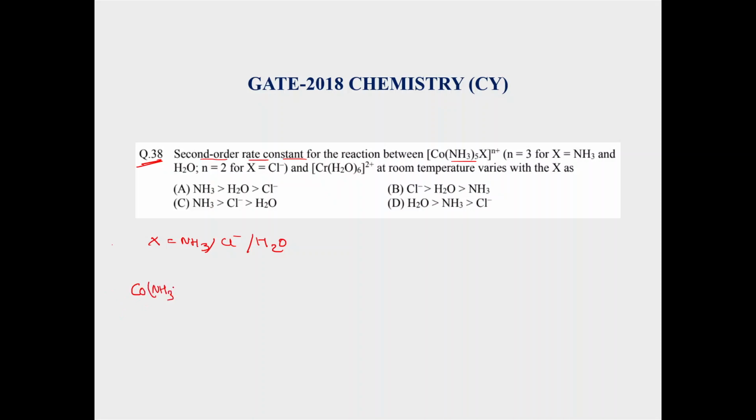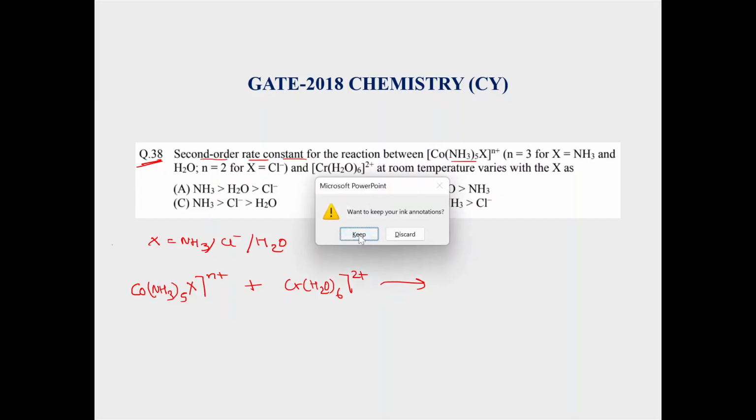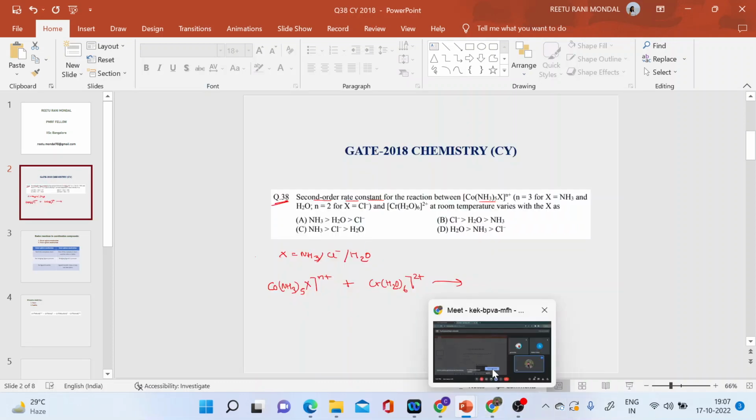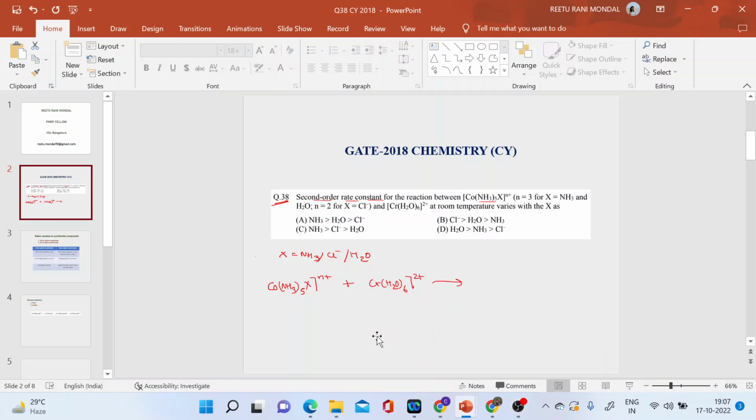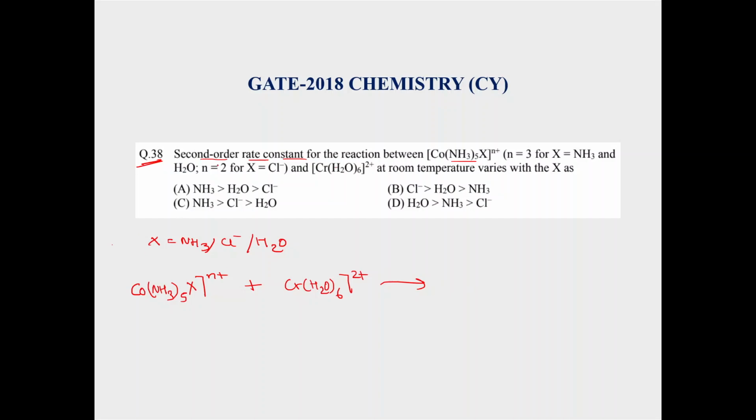There are five ammonia coordinated to this cobalt complex, and X is another ligand, and this is reacting with Cr(H2O)6 2+. So what will form after this reaction? Okay. So here, this is actually a redox type of reaction.